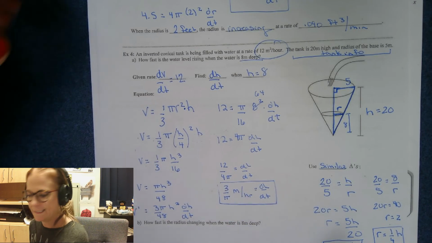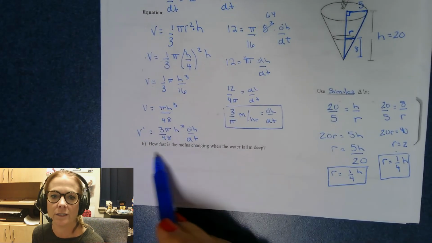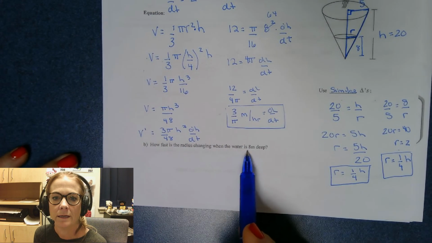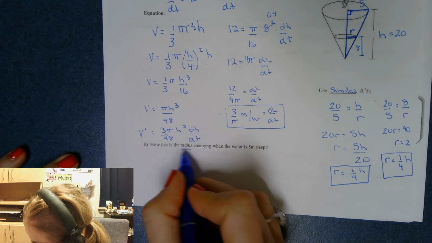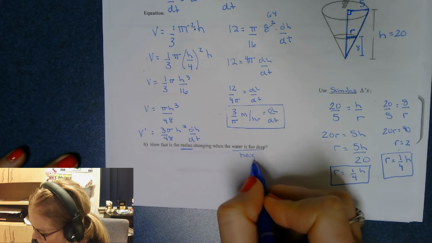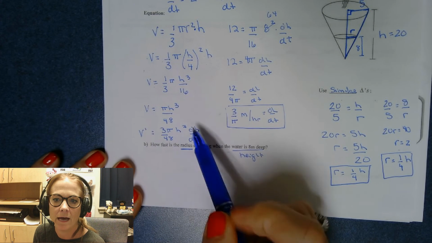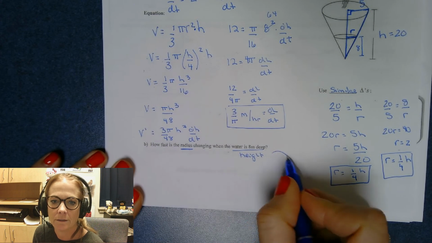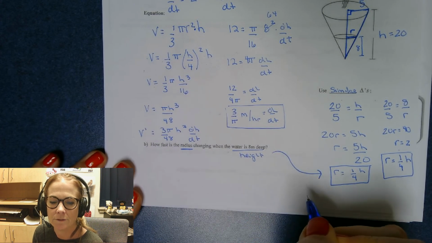All right, last thing here is to answer, well, how fast is the radius changing when the water is 8 meters deep? All I need is an equation that relates radius and height. So I don't really need this equation anymore. I've got a lovely equation here, super simple, that relates R and H for this particular situation.